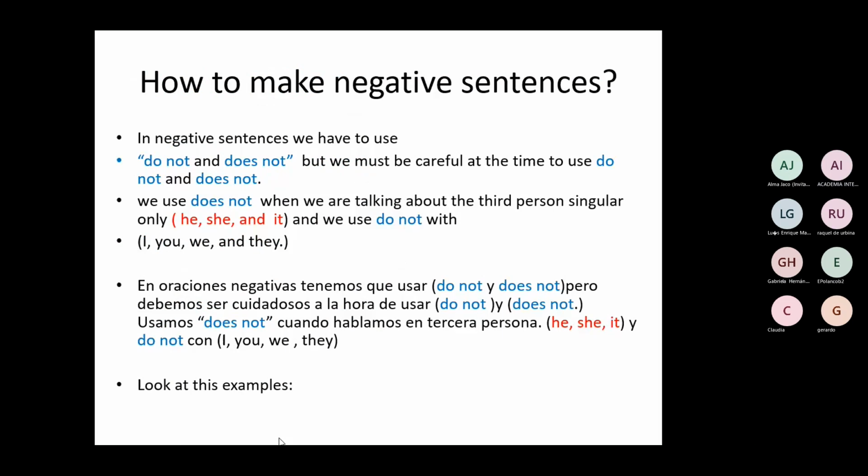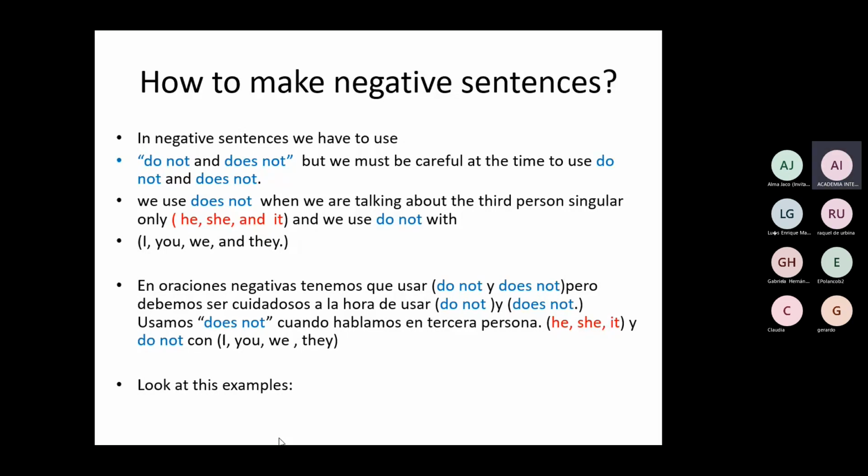Now, how can we make negative sentences with the simple present? Okay, in this part, we can get confused a little bit at the beginning, but we can learn with practice, and we're going to remember it.